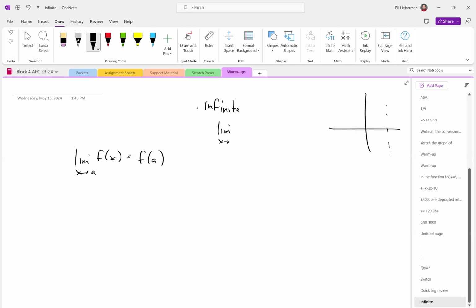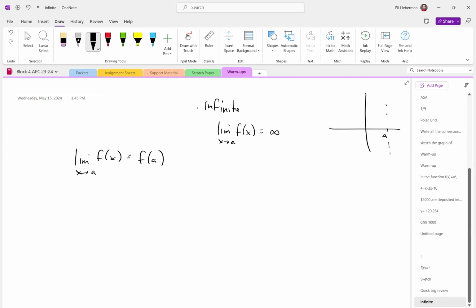It goes to infinity on one side, and then at a it doesn't have a value, right? Right, exactly. f of a doesn't have a value.